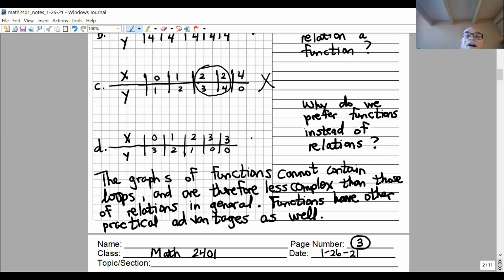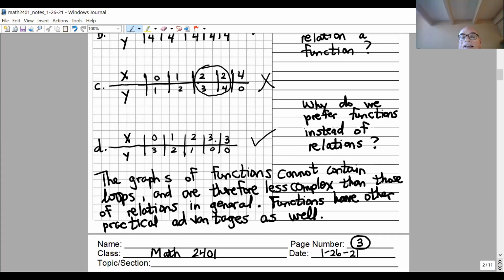So this one really does count as a function. Although the x coordinate is repeated, it's repeated with the same y coordinate. So you don't want this case to occur, the x repeated with different y's, but if you repeat the x with the same y, that's really okay. That would be an unusual situation to occur, but technically that counts as a function.